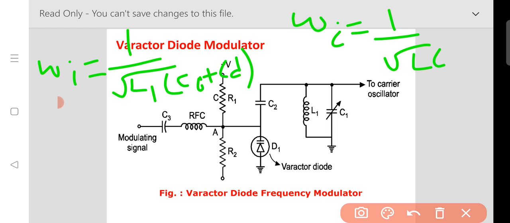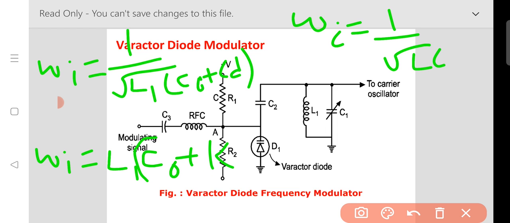The final equation: omega I, the angular frequency, is equal to 1 by [L1 (C naught plus K VD)] power 1 by 2.